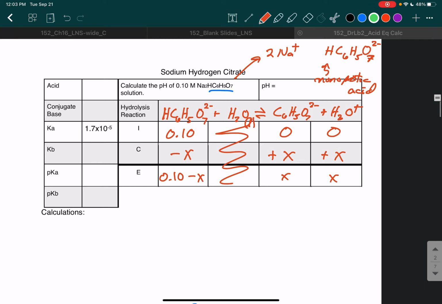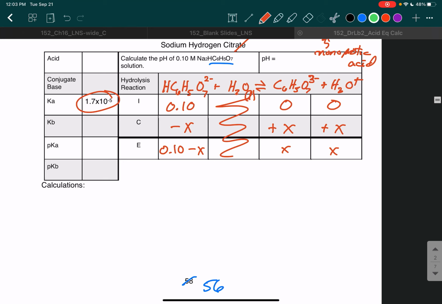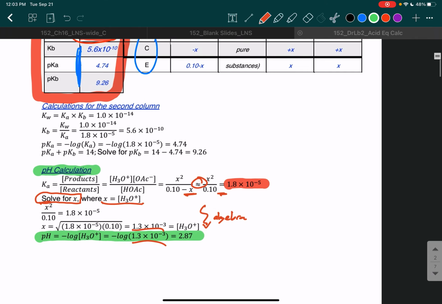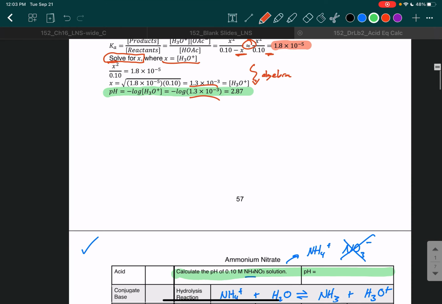Yes, thank you. Now we have our equilibrium expression in terms of X. Use your approximation, use that Ka value, and then you can solve for X and calculate the pH. So it'd be very similar to the problem I just did, and in some ways very similar to the problem I'm about to do, dealing with the base.